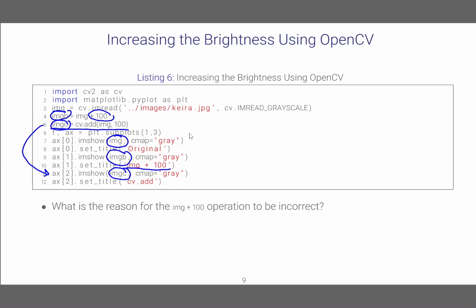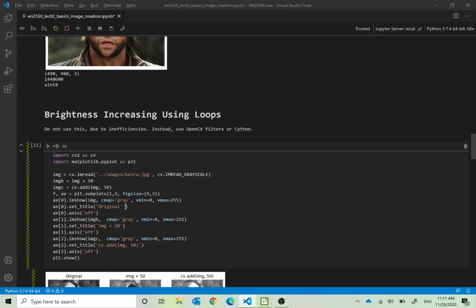Okay, so what is the reason for the img plus 100 operation to be incorrect? The answer is that images are represented using uint8 numbers. Data type is that, so therefore you cannot just add 100 to that. Okay, now let's look at this brightness increase. So we open the image here and we are adding 50, not 100 actually.